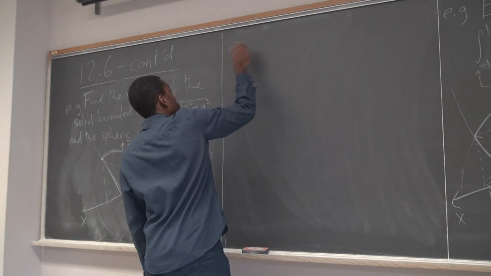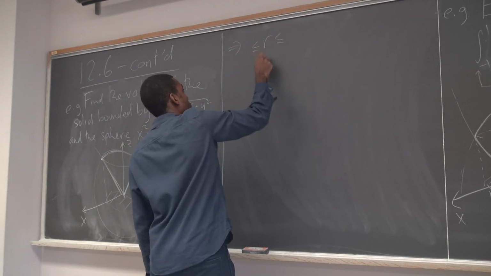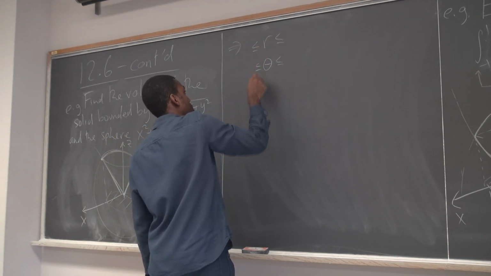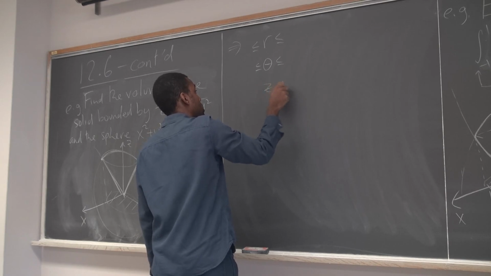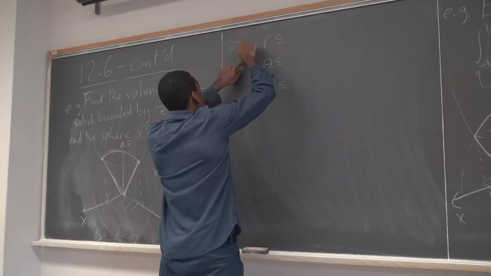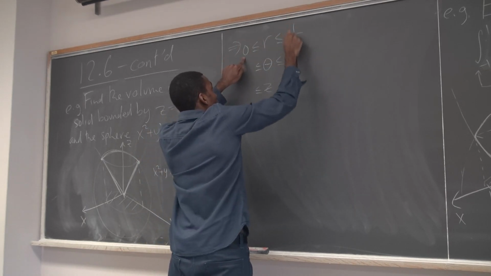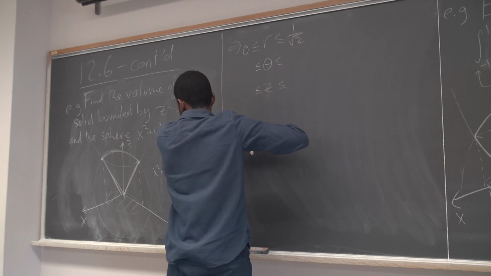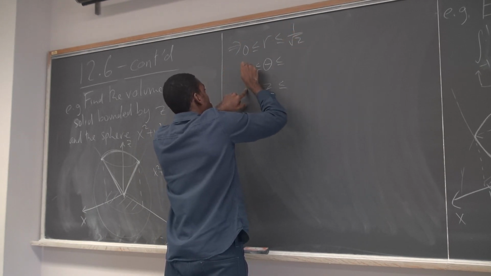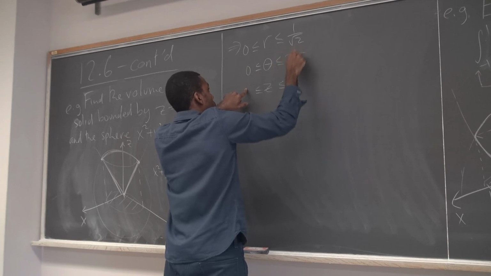So this means I can tell you my bounds for r, my bounds for theta, and my bounds for z. R goes between 0 and 1 over radical 2.